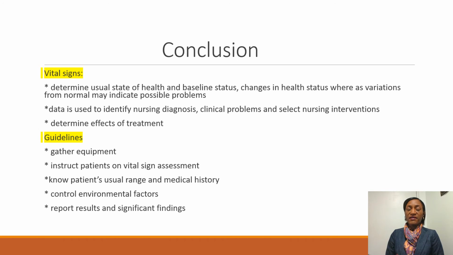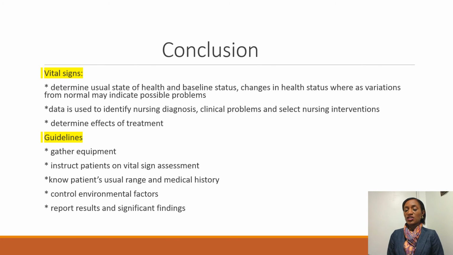So if you are giving a patient a treatment such as a medication or any kind of therapeutic treatment, taking vital signs before and after can help you determine if the intervention is a positive one. The guidelines for vital signs would be to gather your proper equipment for whichever vital signs you're taking, or if you're taking all together, you make sure you have all the proper equipment with you when you enter the patient's room.